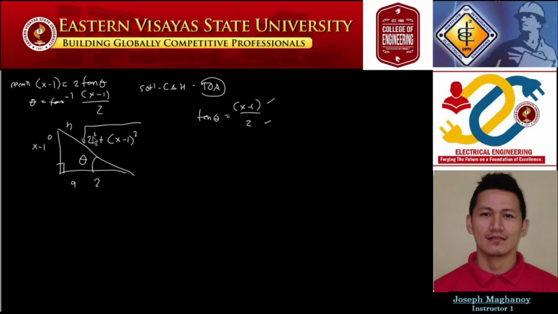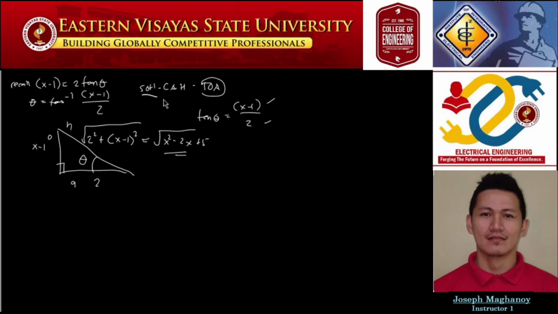If you combine this 2 squared plus x minus 1 squared, this is the factor of our denominator, which is x squared minus 2x plus 1. So we can write our hypotenuse as the square root of x squared minus 2x plus 5. Okay, so we have the hypotenuse.